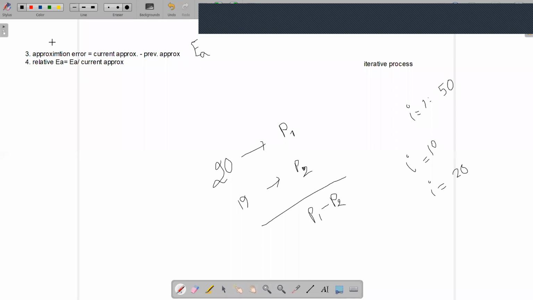So the relative approximation error is this P1 minus P2 divided by this P1. It is also represented as a percentage. You will see how we can calculate all of those things a little bit later. Any question up to now? No, sir.